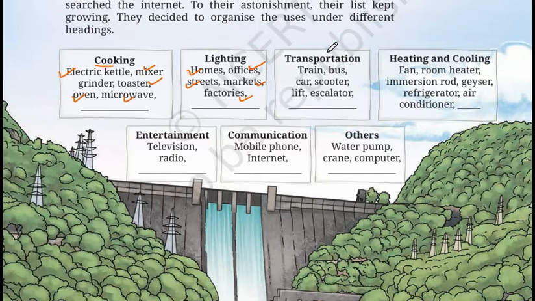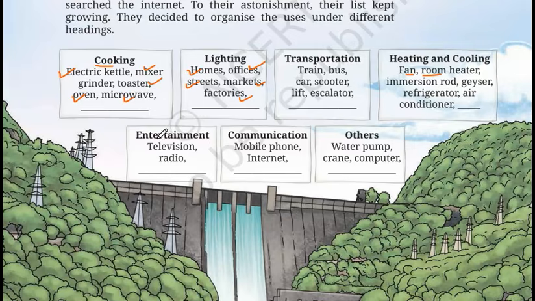When we talk about transportation, we have trains running on electricity, buses, cars, scooter, lift, escalator, all running on electricity. Now, when we talk about heating and cooling, we have fan, room heater, immersion rod to heat the water, right? Geyser again to heat water, refrigerator, air conditioner, etc.